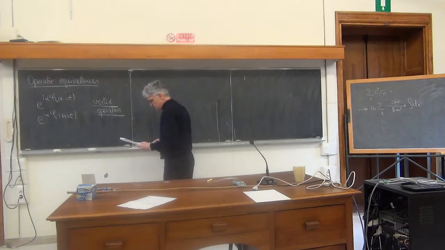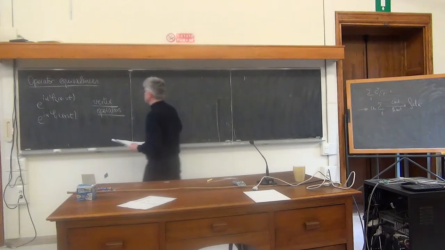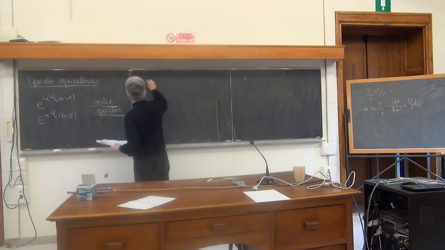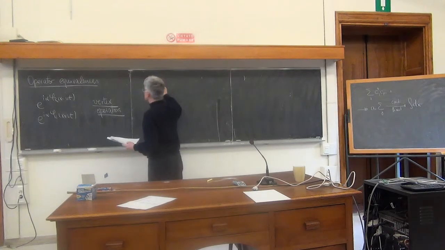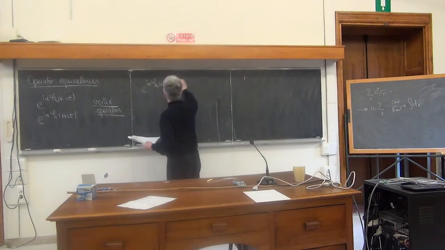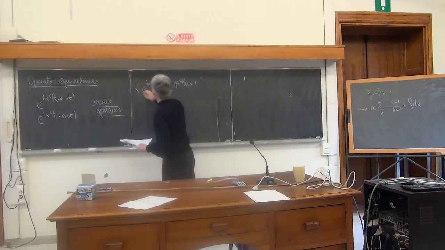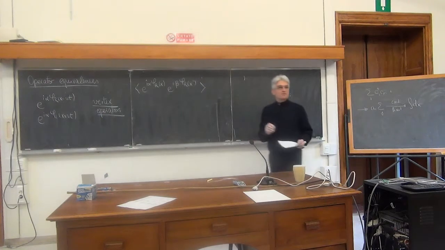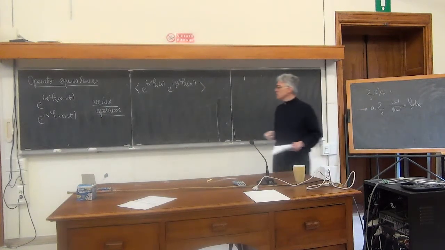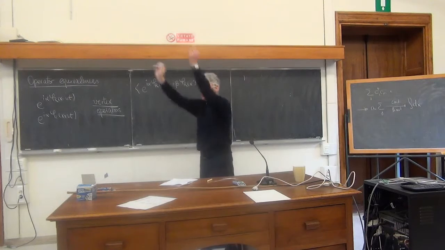And one property I want to work out is, let's say, what are correlation functions of this sort? E to the I alpha, phi right, let me just say x, e to the I beta, phi right, of x prime. Okay, so let me try to work out what correlation functions of these vertex operators are like.